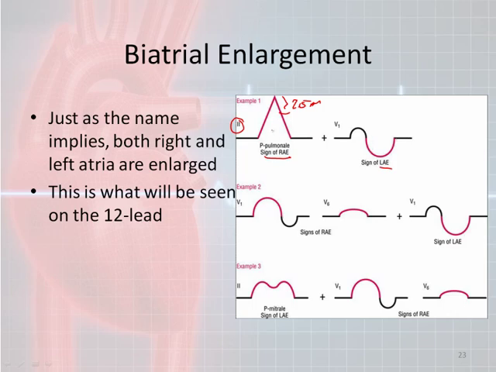If you had confirmed right atrial enlargement in V1, you would have a large initial deflection with a small terminal scooping, but that's not what we have. So in this case, peaked P waves in the hexaxial leads in 1, 2, or 3, and a large terminal scooping in V1 gives you biatrial enlargement.